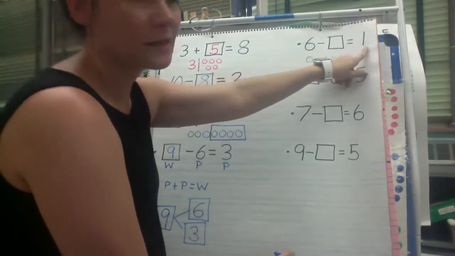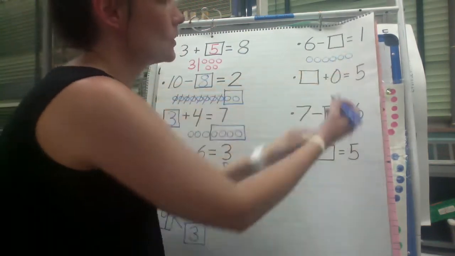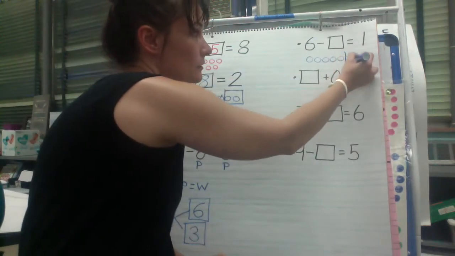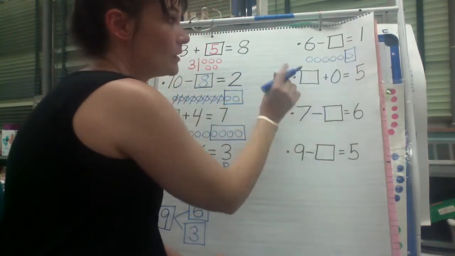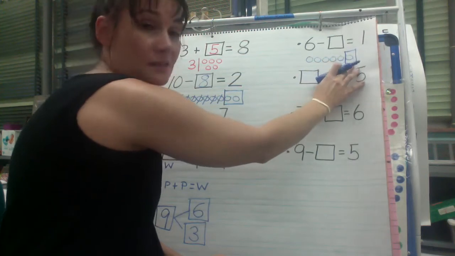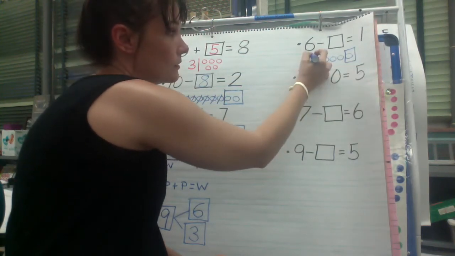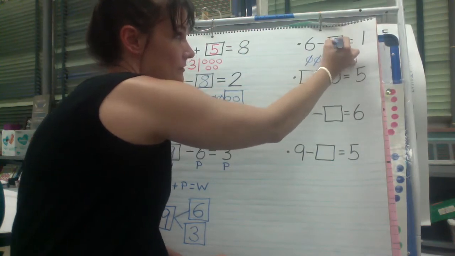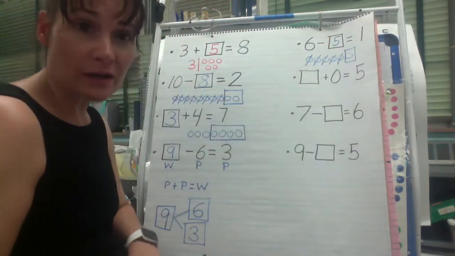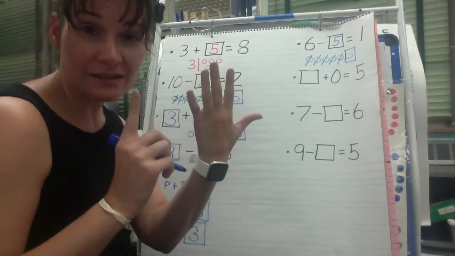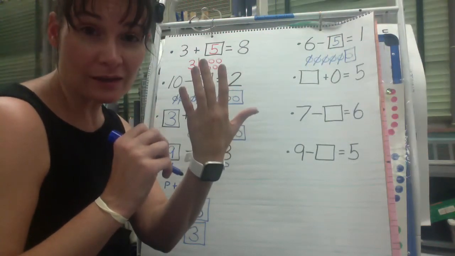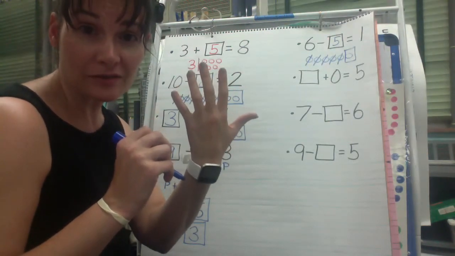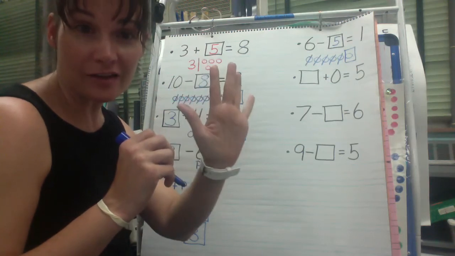And I know I'm going to end up with 1, so I'm going to box the 1. How many would I have to subtract to end up with 1? 1, 2, 3, 4, 5. I can also think of it this way. If I had 6 and I take 1 away, how many do I have left? 5.